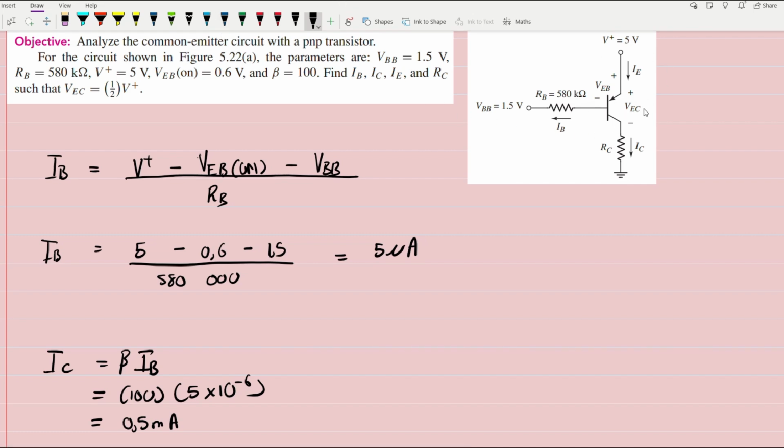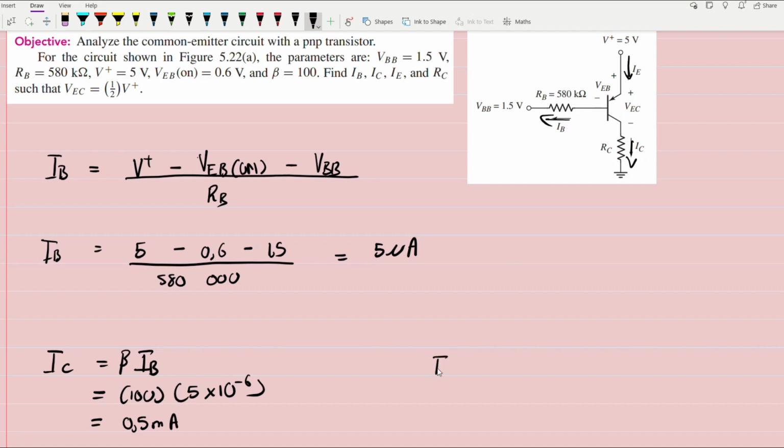Moving on, we have to find IE. When you look at this diagram, we have IE coming in, and it gets split into IB and IC. Which means that when we add IB and IC, both of them equal IE.